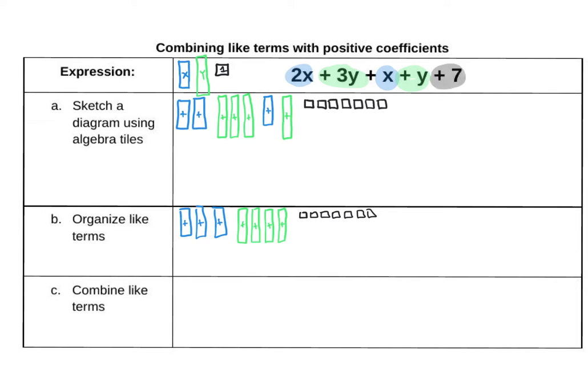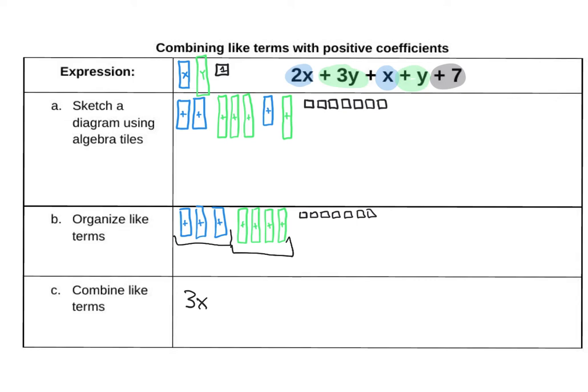So now that I know I have all of my terms represented with tiles, I can go ahead and just count what I have and combine them. So what I have right here are 3 positive x's. So I'm going to write down 3x. What I have right here are 4 positive y's.